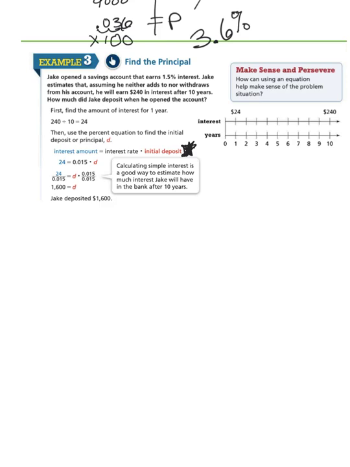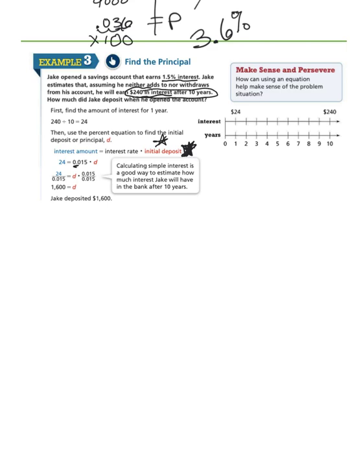So in this particular problem, you know the percentage of interest earned and you know how much interest he earned. So you're looking for the initial deposit. Okay, so you're going to change the 1.5% into a decimal and plug it in the equation. You're going to put the interest amount. Now, mind you, this is what you get for 10 years.